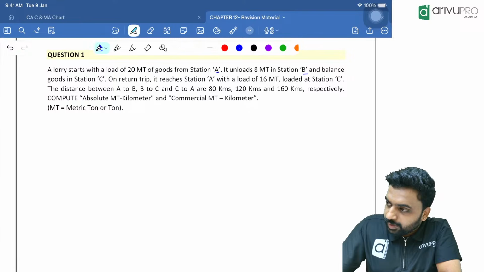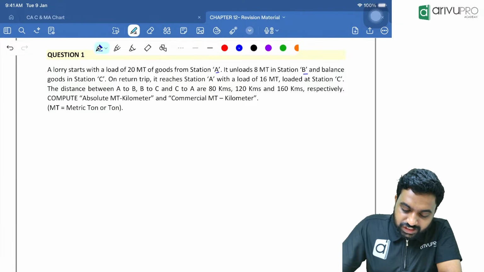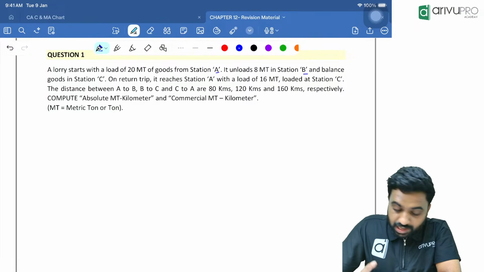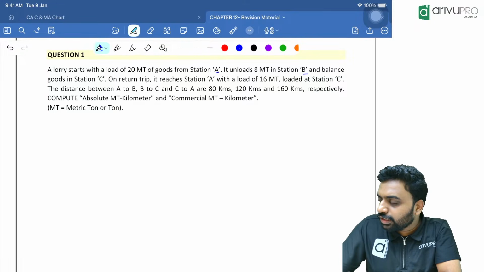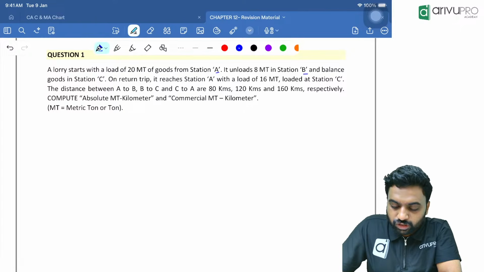On the round trip, it reaches station A with 16 metric ton loaded at station C. That means nothing will go to B. But see there, A to B is 80 kilometers, B to C is 120 kilometers. That means total 200 kilometers. Correct? To go from A to C it is 200 kilometers.